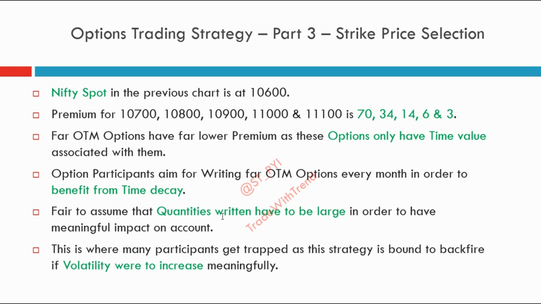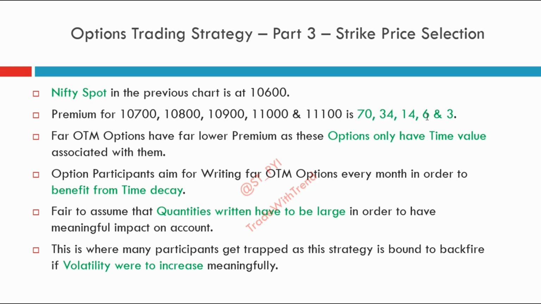Now, in my opinion, this is where maximum participants get trapped, because that one event when Nifty will move from 10,600 to 10,900 or 11,000, this premium of 14 or 6 would become 200 and about 100.